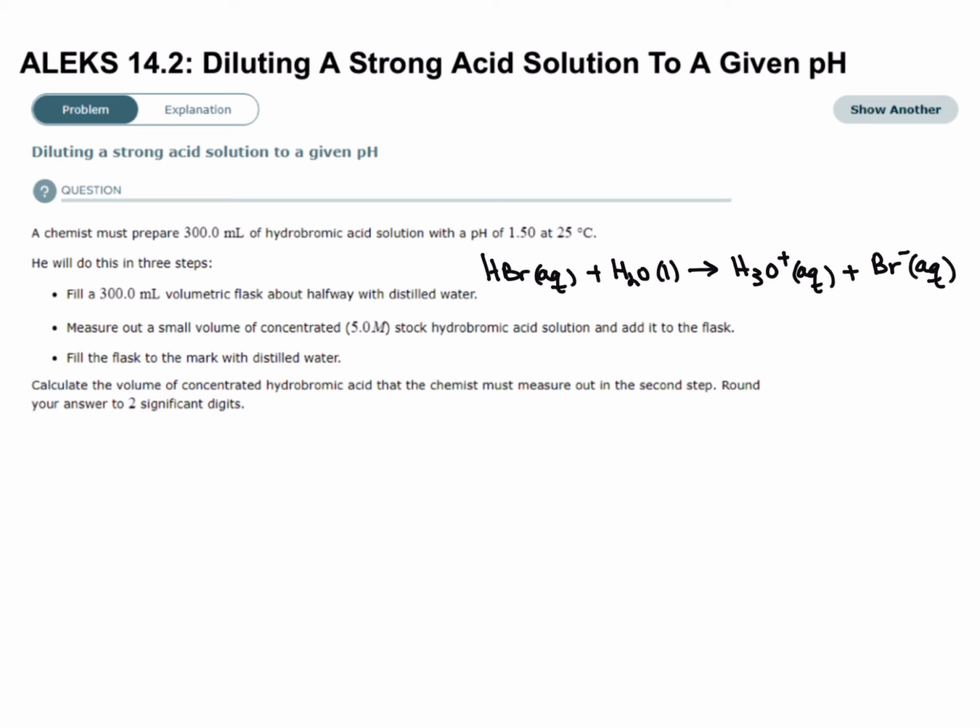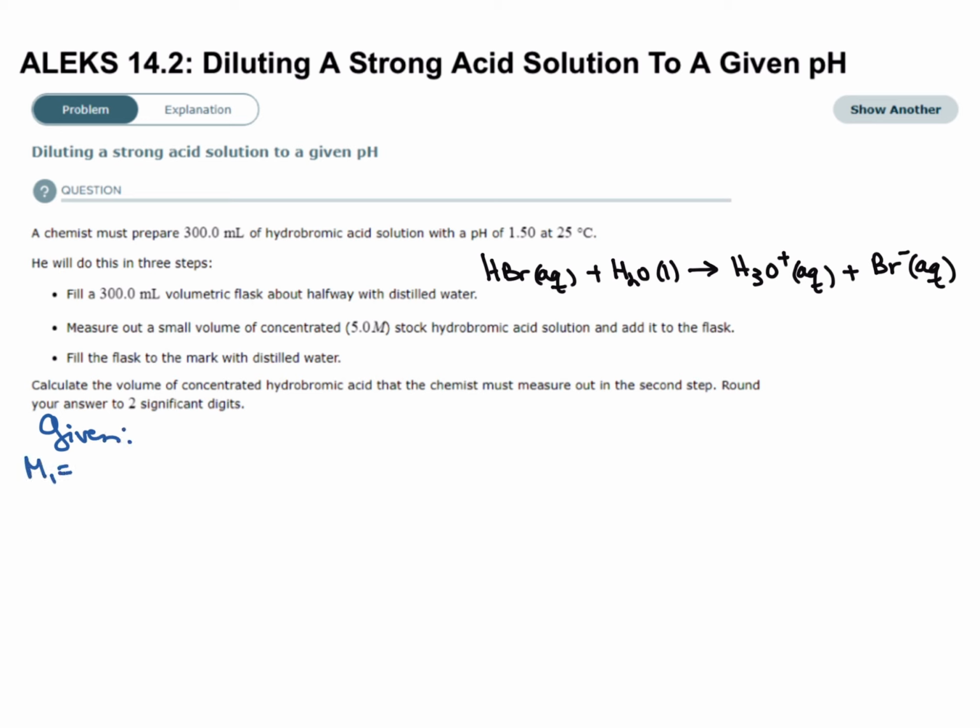In this problem, we're asked to make a new solution that has a pH of 1.5 from a stock solution that has a concentration of 5.0 molar. Now, HBr is a strong acid, so strong acids will ionize completely. So what that really means is that the initial concentration of HBr will actually equal the initial concentration of H3O plus. So let's write all that down in a given table.